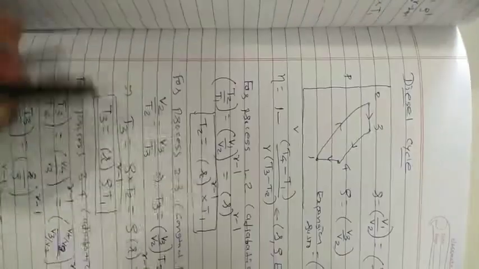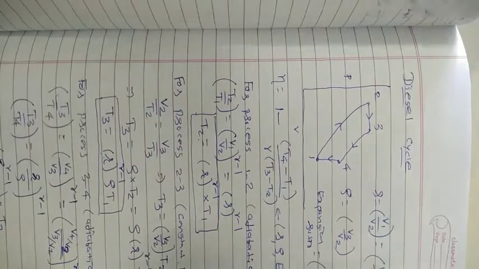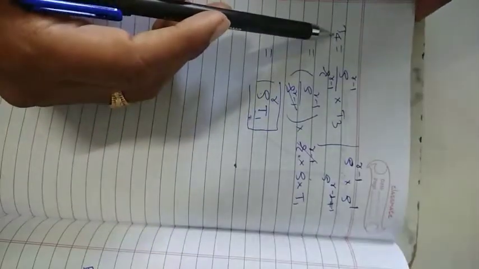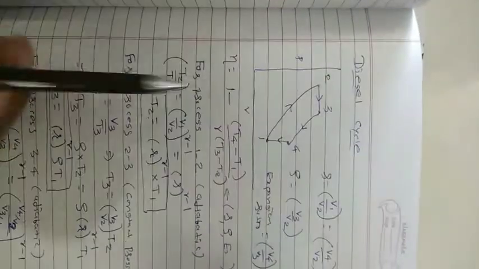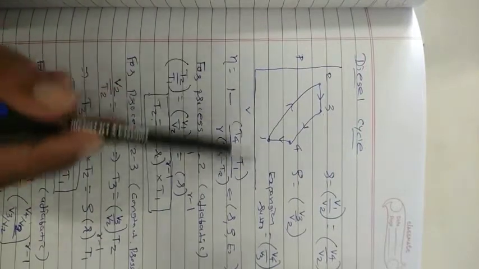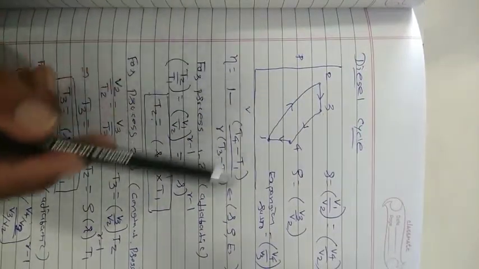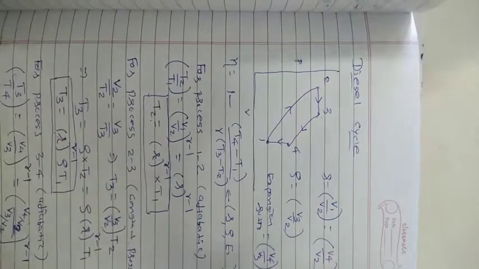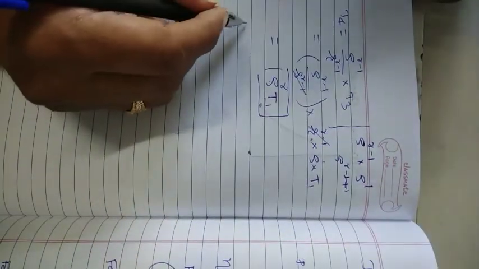Now we will put all the values. So we will put this T2 value, T3 value and this T4 value in this equation. Clear? We will put all the values here.